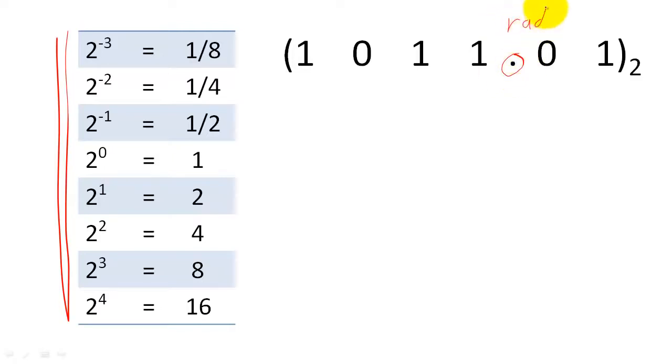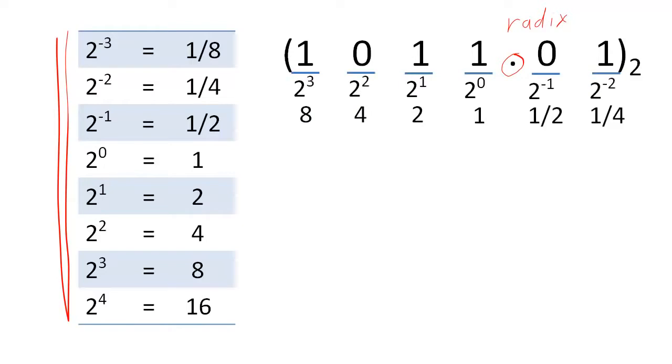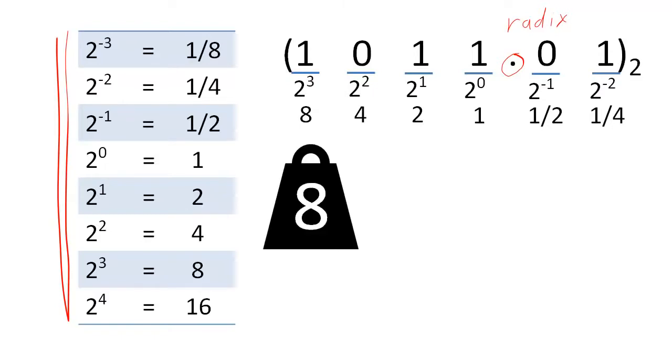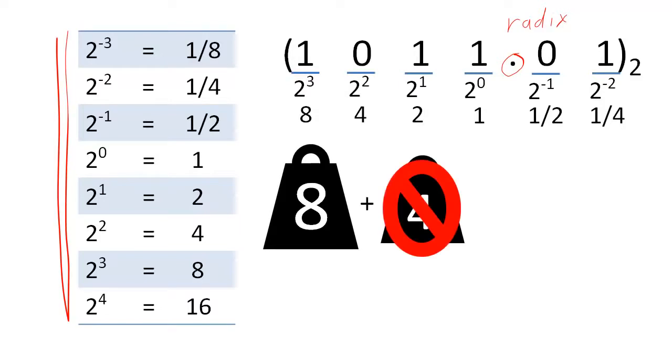And similarly, like decimal, the position immediately to the left of the radix point is assigned a weight of 2 to the 0, or 1. All other positions are given weights accordingly. For example, the one in the farthest left position tells us to add 1/8 to the value of the number. The 0 in the next position tells us to add 0/4. The 1 in the next position tells us to add 1/2 to the total value of the number, and so forth.